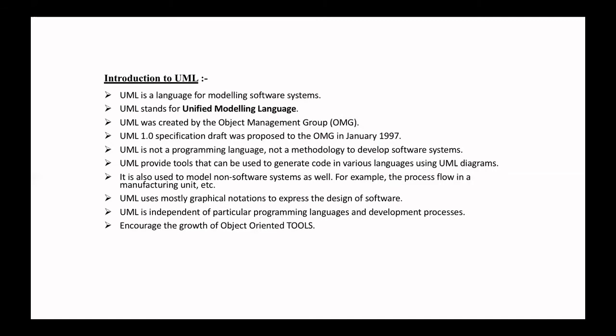In UML diagrams, we can easily pick out what functions are going on within the software product. According to the software product and according to the requirements, the UML diagram is designed.